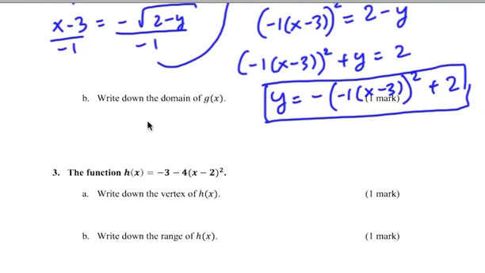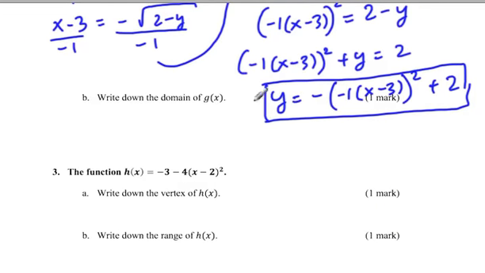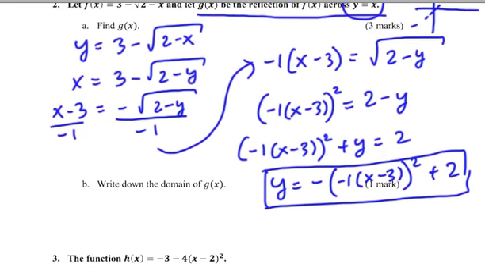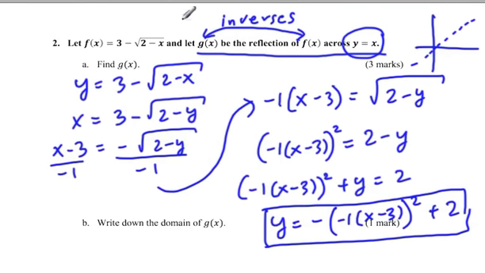Now part B says, write down the domain of g of x. The best way to do this is go back to the original function and draw it out. Remember, whenever you're drawing a function, always rearrange it. So this becomes negative square root, and you have to factor this: negative (x minus 2), you close the bracket, square root ends there, and then it's plus 3.